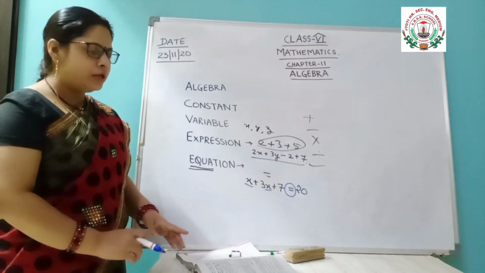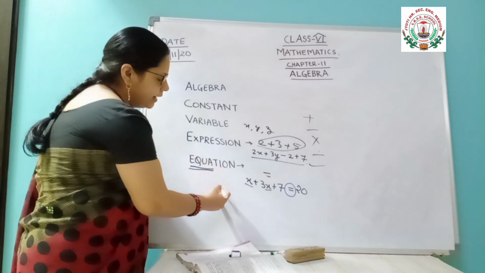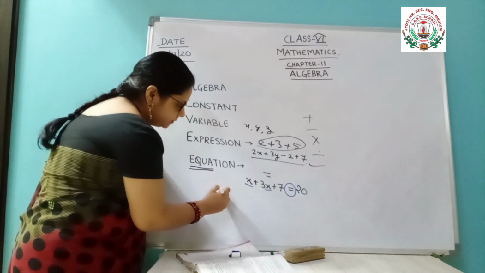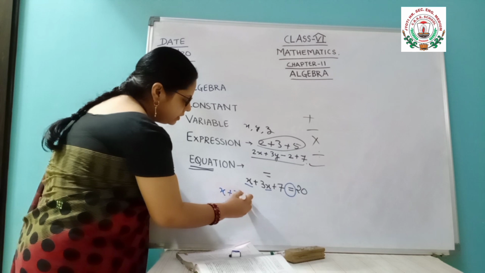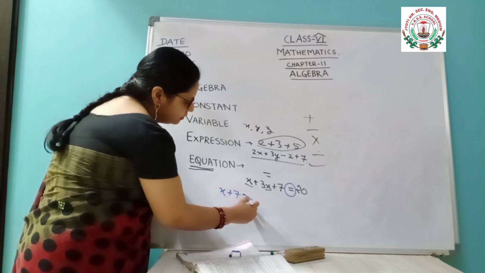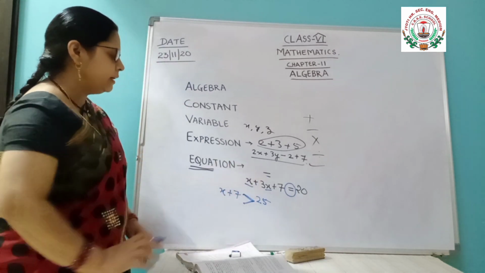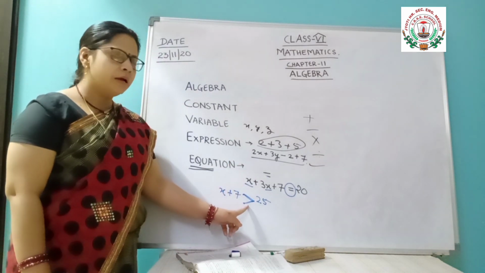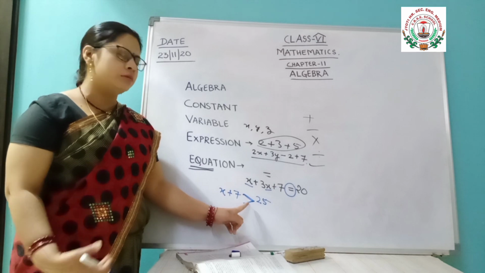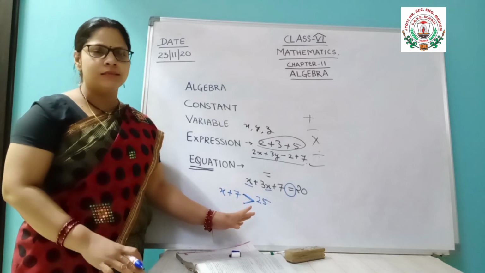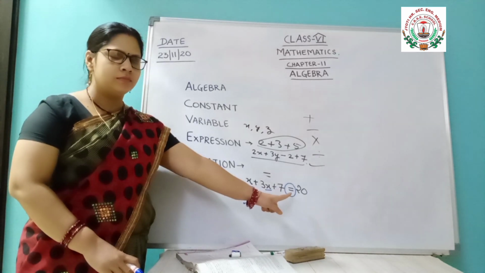And if they are not equal, suppose I write x plus 7 is greater than 25, anything like this. So I am getting here a greater sign, or less than, anything else, but not this equal sign.